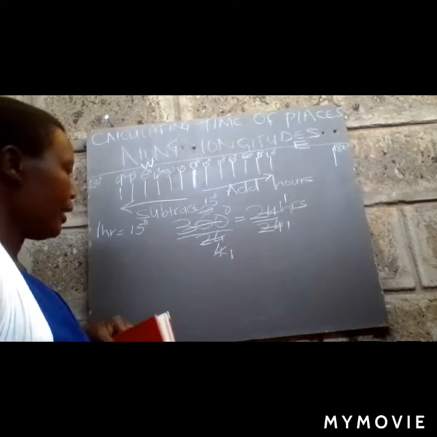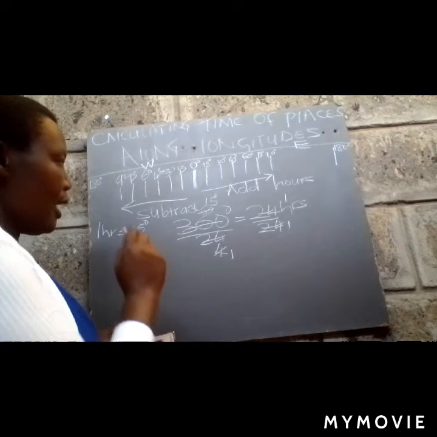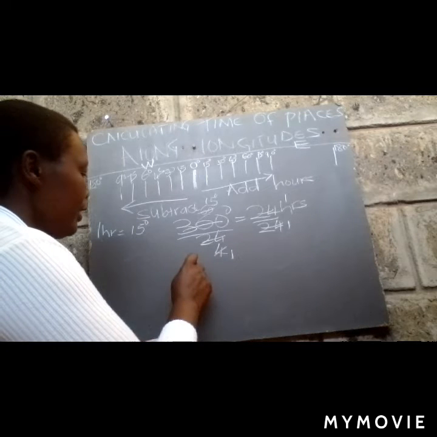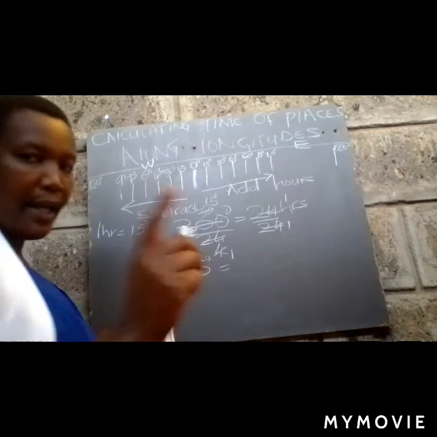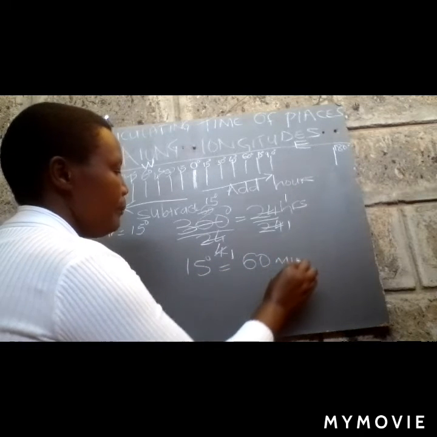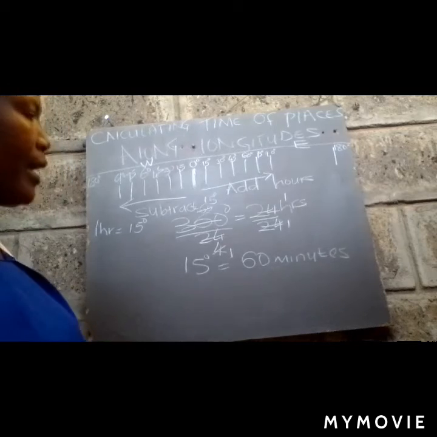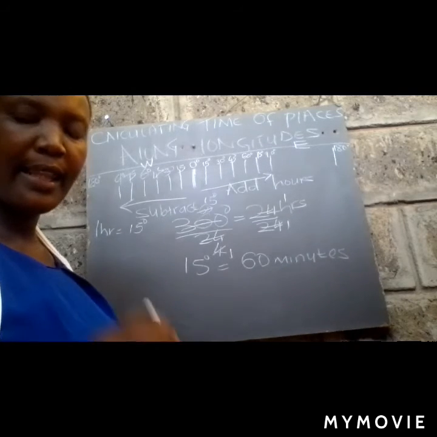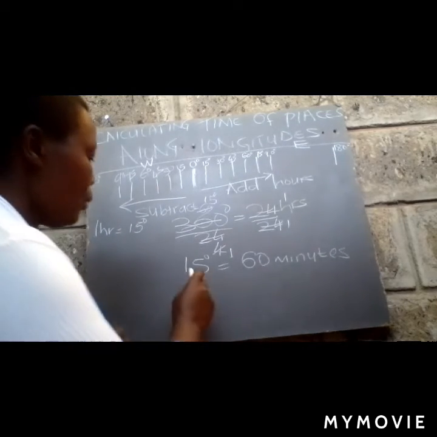Now, we should also ask ourselves, if in 15 degrees the earth rotates 1 hour, what if we put it at 60 minutes? How many minutes does it take the earth to rotate 1 degree? What shall we do?